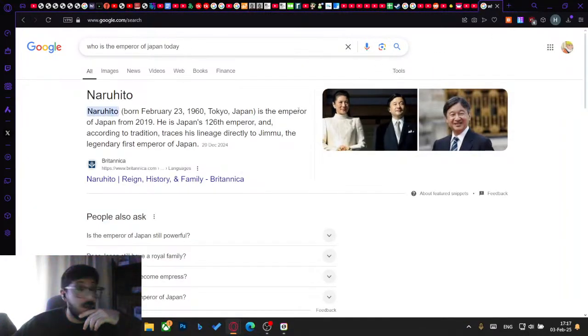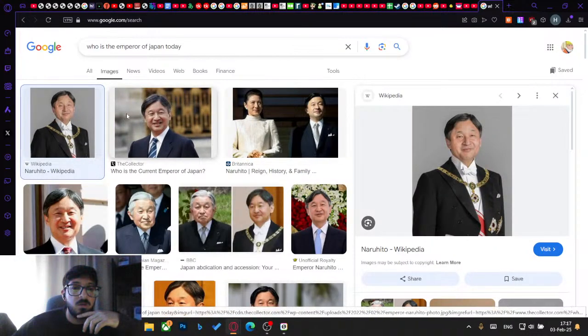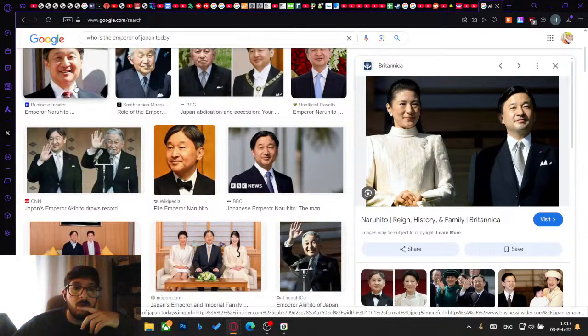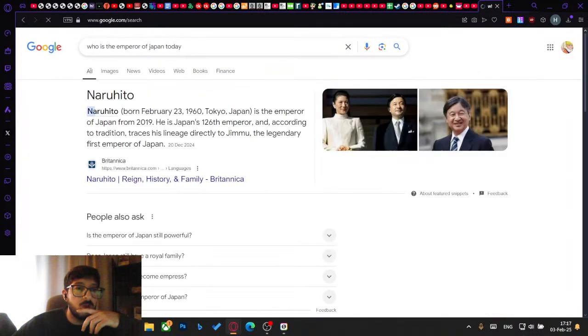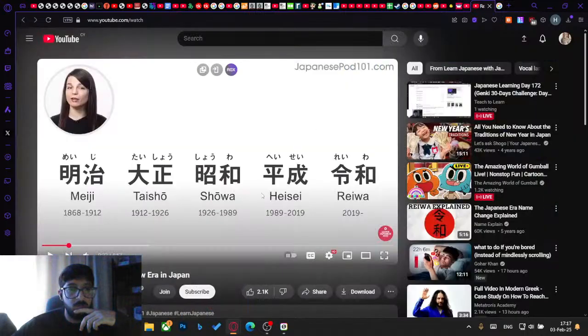Naruhito. Naruhito is the emperor? So this guy, this is the emperor, Naruhito. Wait. So before Naruhito, this is Reiwa.